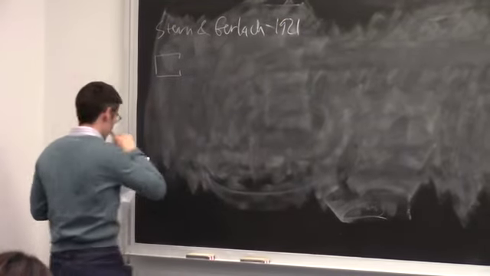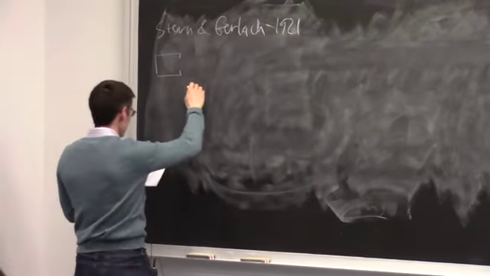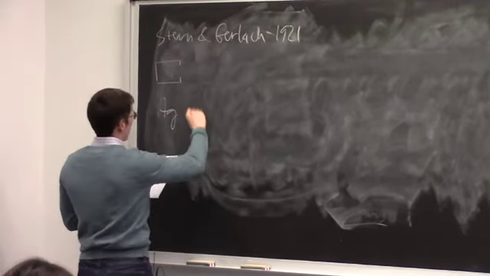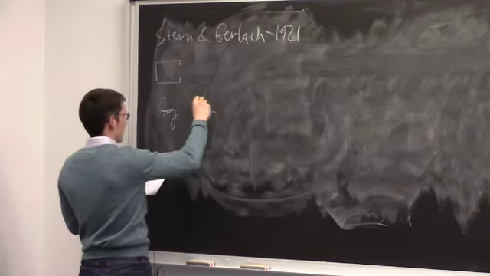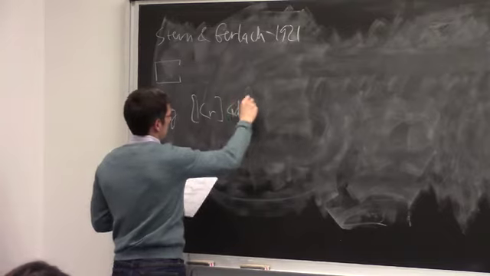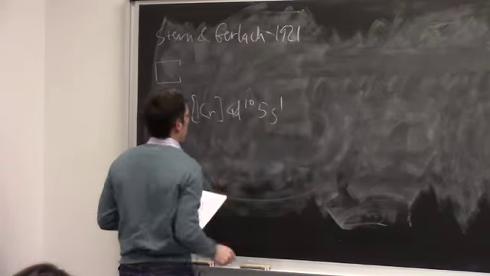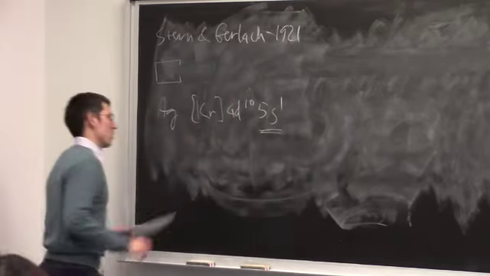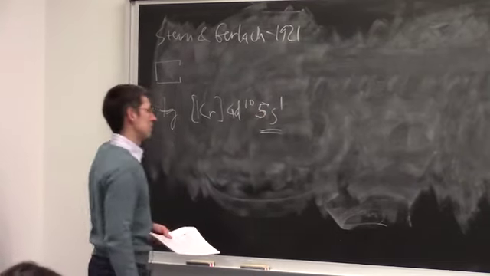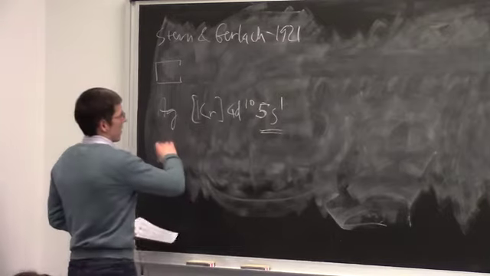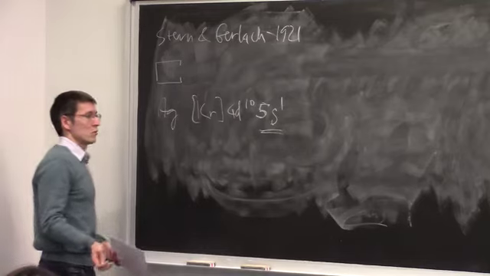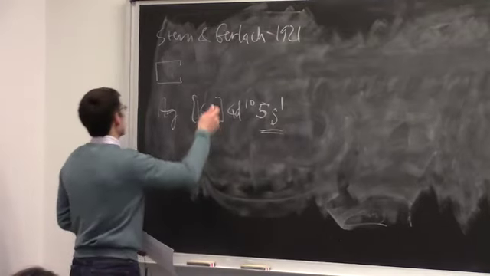So what they did, they shoot silver atoms that have configuration like krypton 4d10 5s1. So this is the most important part, because that's the electron in the outer shell that was unpaired, and it has an angular momentum equal to 0 because it's an s electron, right?